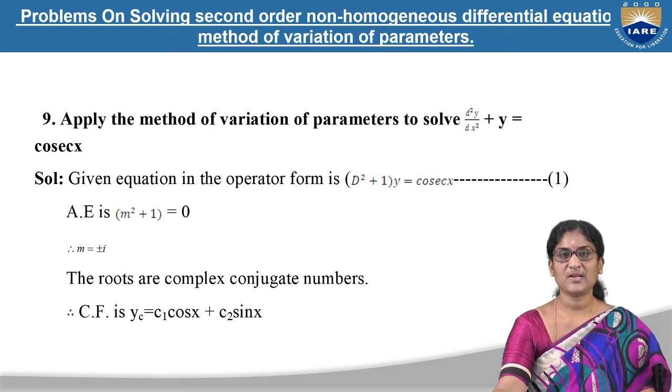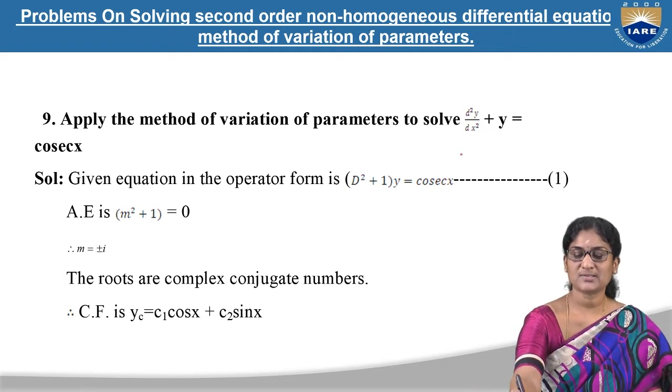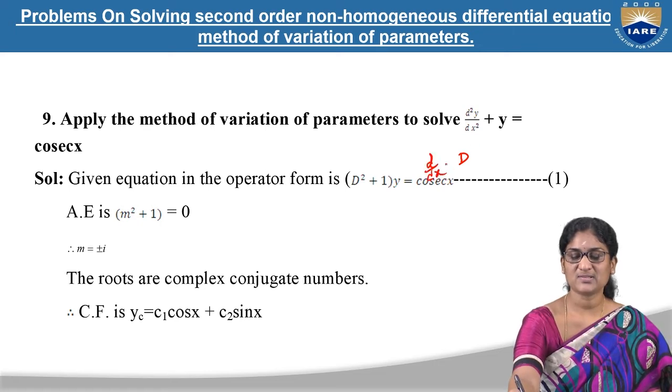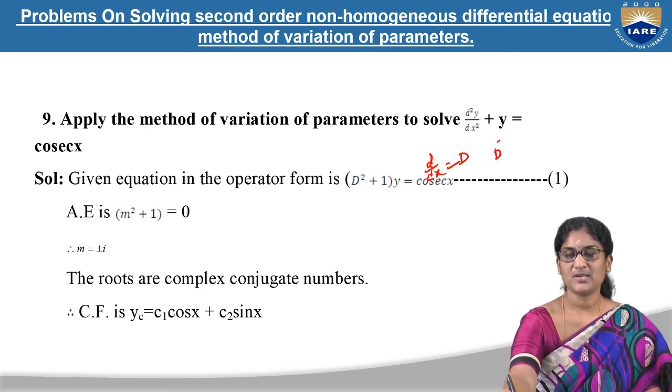As usual, first we write it in standard form so that we can get the auxiliary equation. Wherever d by dx is there, we can replace it by capital D. So (D square plus 1) y is equal to cosecant x.